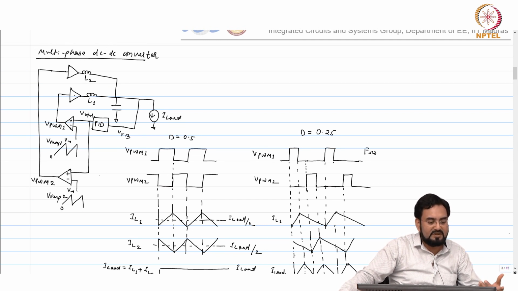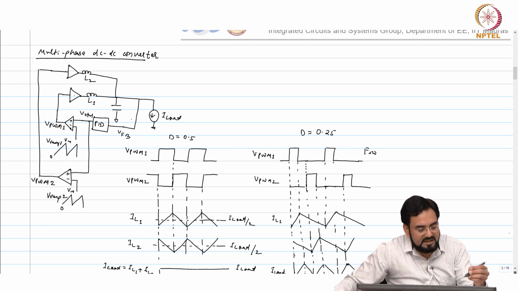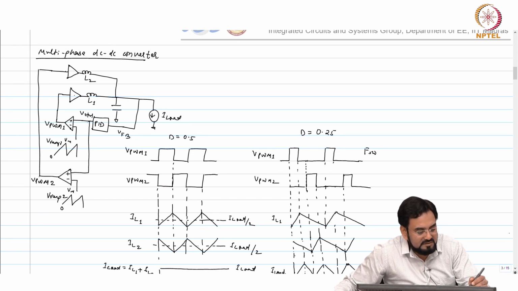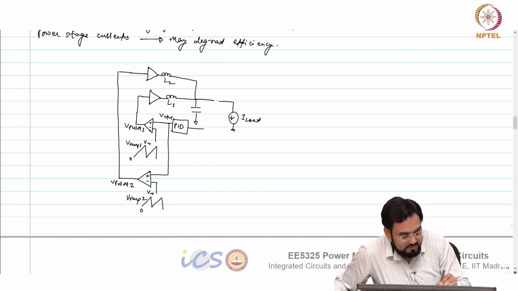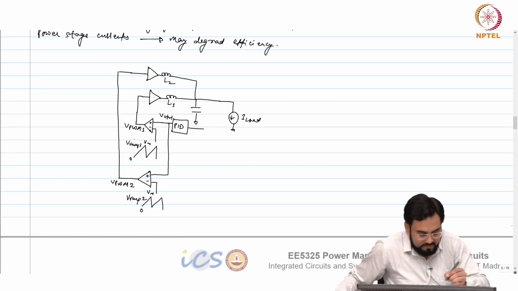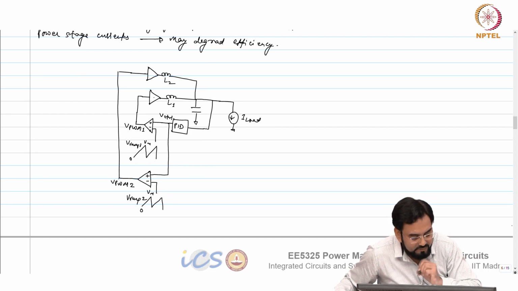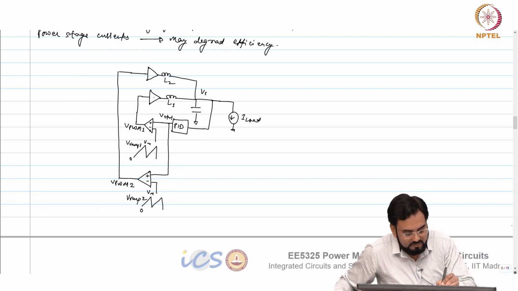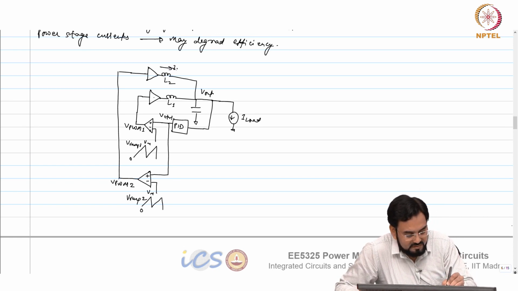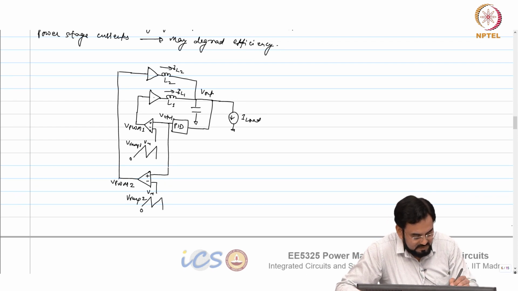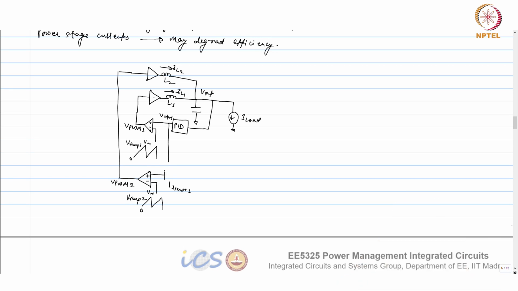So, in the current balancing, what you do actually, you take this control voltage. So, instead of connecting it common, each one will have, so let us say if this is IL2, IL1, instead of adder, let me add some additional control.